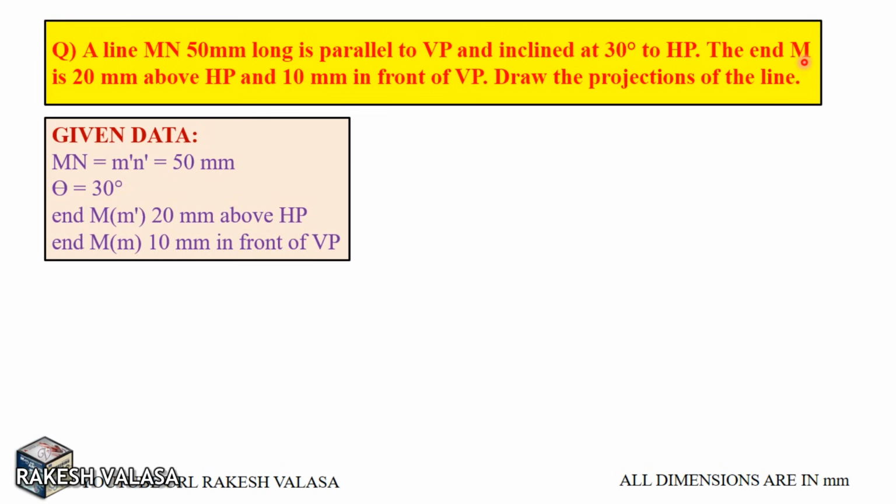We know the M position, that is 20 mm above the HP, 10 mm in front of VP. You can draw the solution up to projection of points. The point name is M. M dash is 20 mm above the HP, top view small m is 10 mm in front of VP. That means 10 mm below the XY.